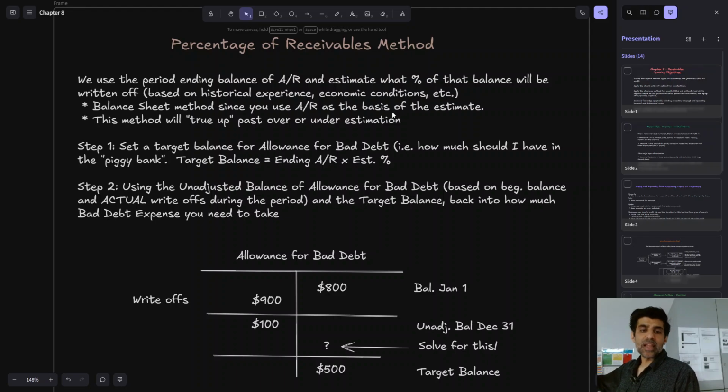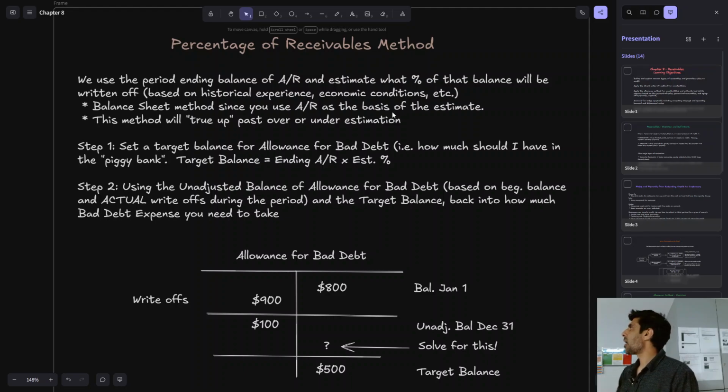What the percentage of receivables method is doing instead is looking at the end of the period, what is your actual balance of accounts receivable, right? Forget about how the revenues and the sales and all that, but how much account receivable do you actually have as of the end of the period? And then based on that, what percentage of that are you going to estimate is going to go bad? Okay, so this is called a balance sheet method because again, you're not looking at your sales or anything.